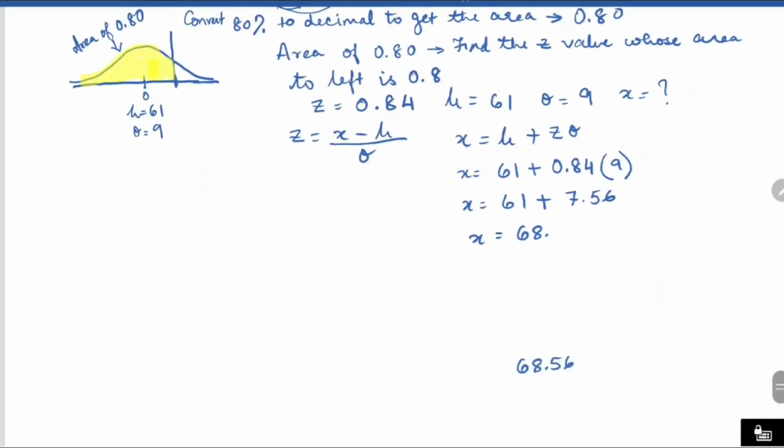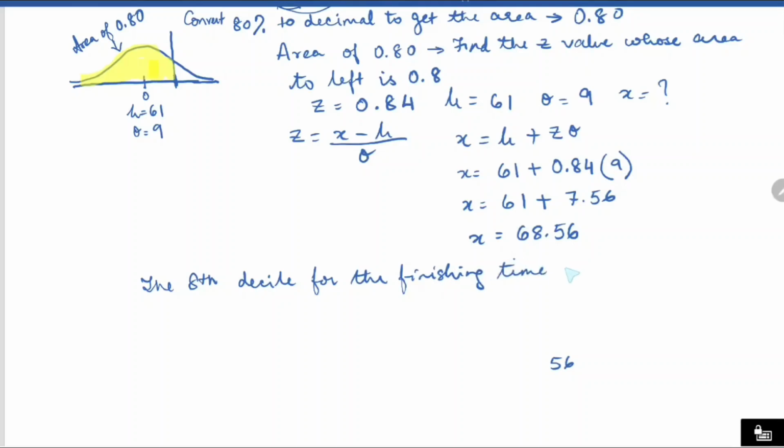And then the final answer will be the 8th decile for the finishing time is 68.56. All right, 68.56 minutes if you want to be more precise.